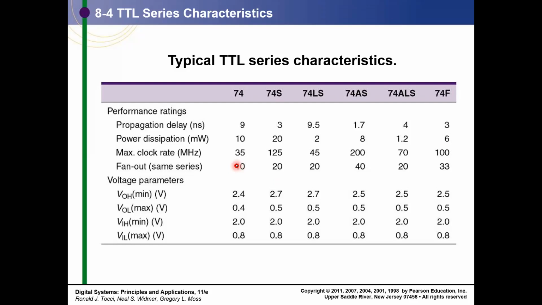And even this is on a higher note. Some of the gates had a fan out of only 5 or 6 or 8. Okay. See, it has increased, and this series has a fan out of almost 40, which is pretty high. CMOS typically offers a very high fan out, and we will see the comparison later.